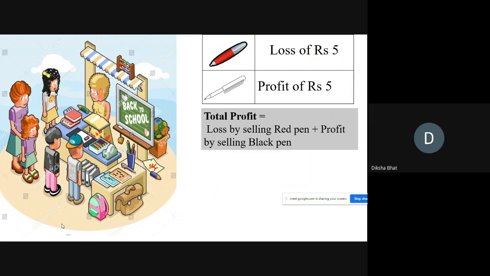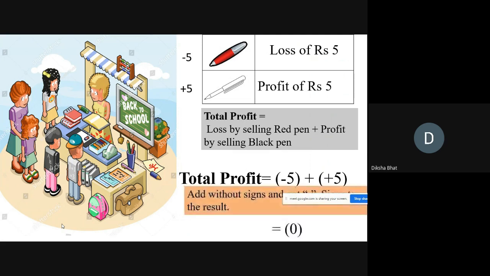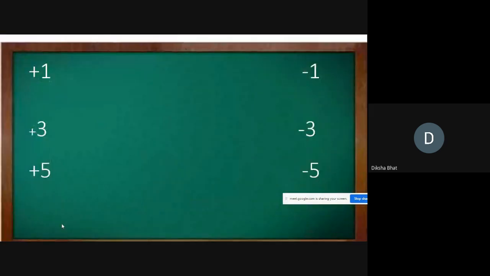So which numbers will we use? Minus 5 plus 5. Yes. So let's add these numbers to find the total profit or loss. What will be the answer of negative 5 plus positive 5? 0. Correct.